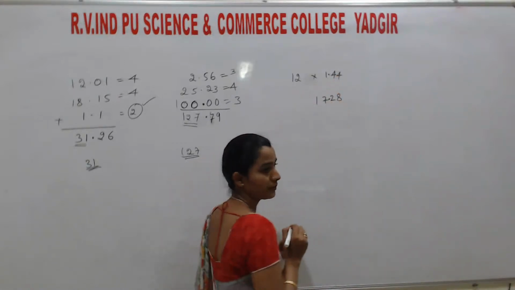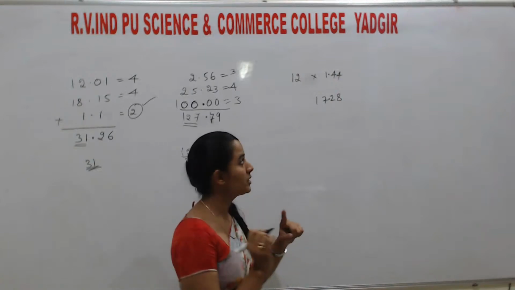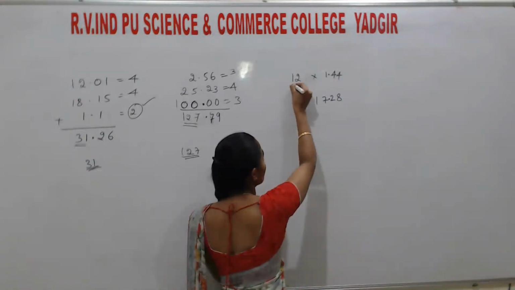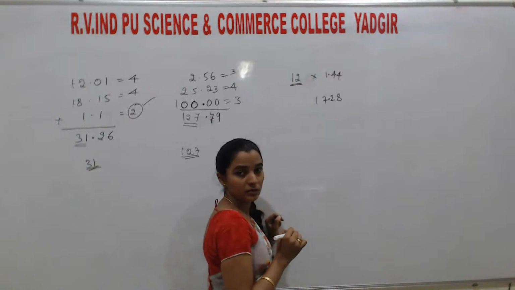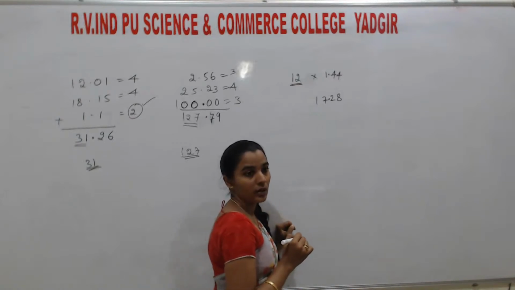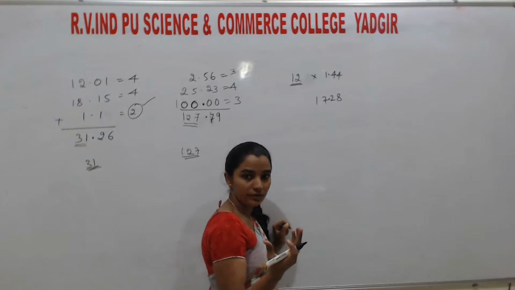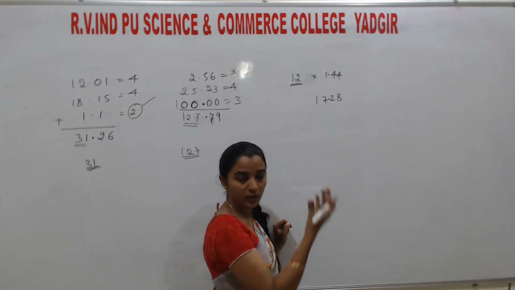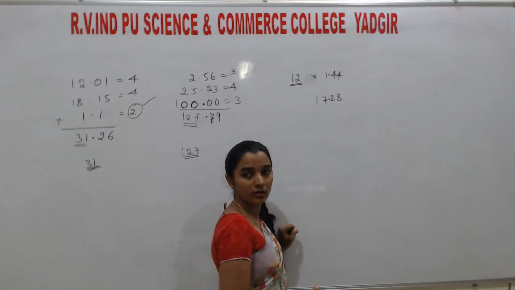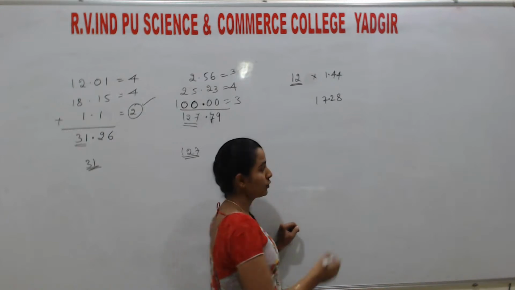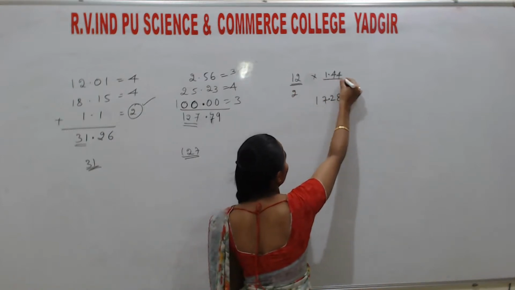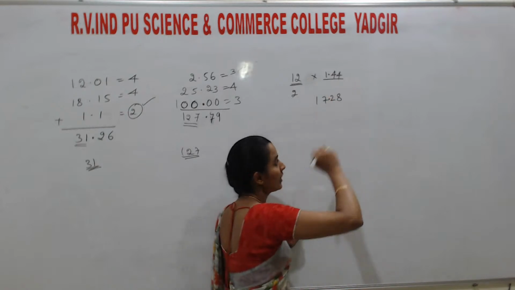Here I can write. Okay, students, here the number of significant figures in 12 is how much? All non-zero digits are significant. Correct? Here how many significant figures are there? 12, 2. Okay, here? Yes, 3.